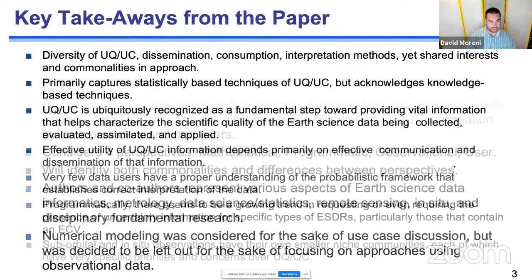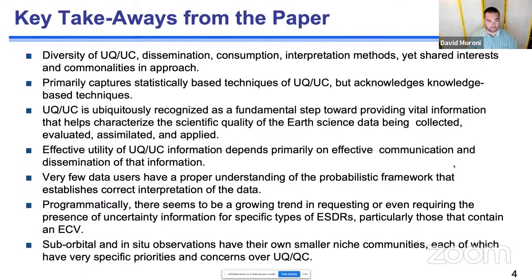So here are some of the key takeaways. There's quite a bit of diversity in the way that uncertainty is quantified and characterized, how it's disseminated, how it's consumed, and various methods of interpretation. I think the biggest commonality here is a shared, collective interest in the need to have uncertainty for pretty much any type of earth science data set.